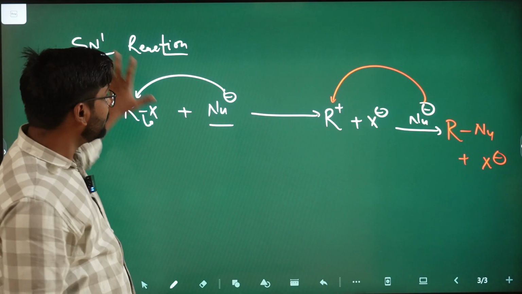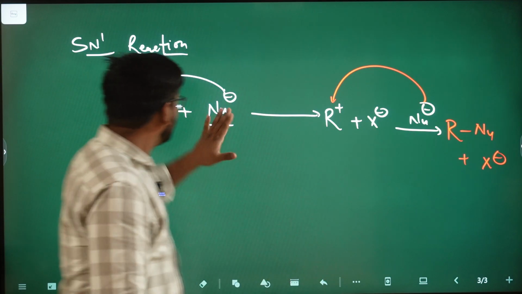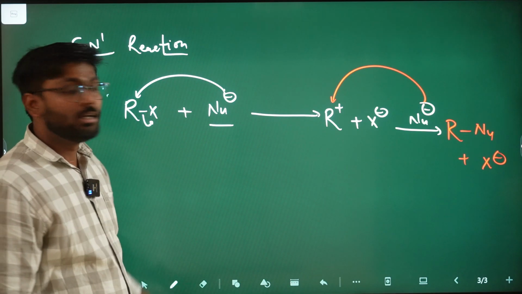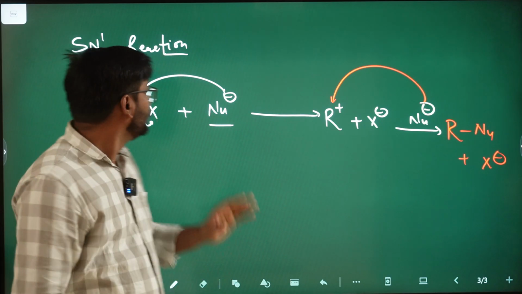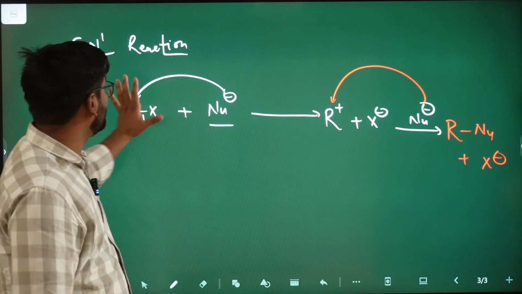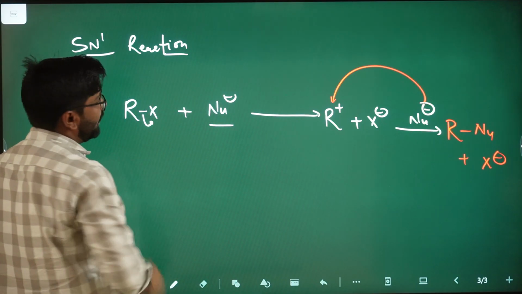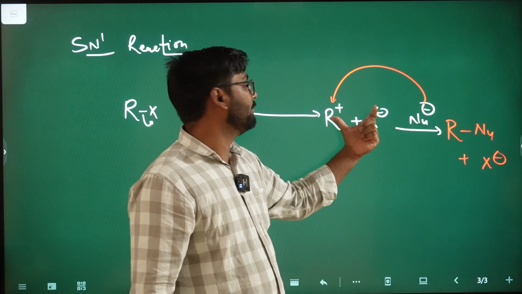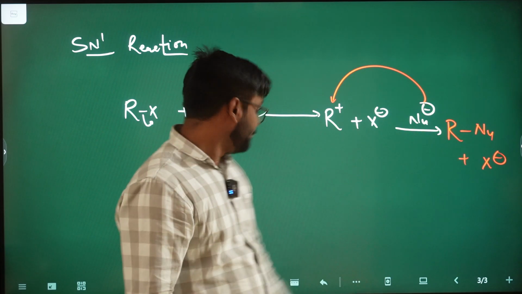So in SN1 first carbocation will form and then nucleophile will attack. If the nucleophile attacks the alkyl and then X goes outside, then that type is called SN2 reaction. Here we are talking about SN1 reaction. So the nucleophile will not attack directly on the alkyl halide. First carbocation will form and then the nucleophile will combine with the R plus carbocation and form the product.